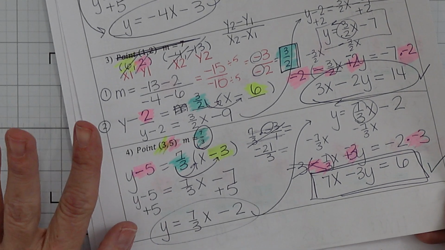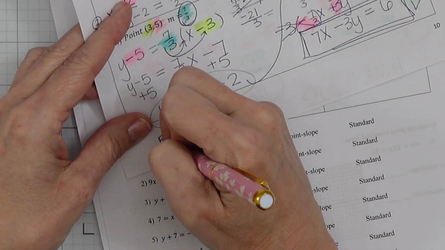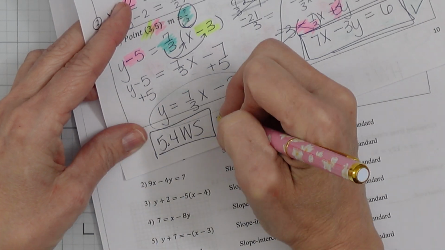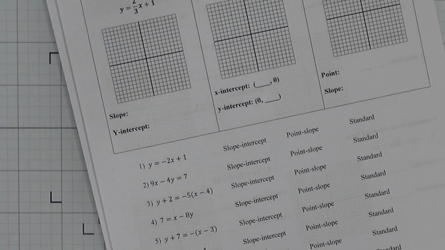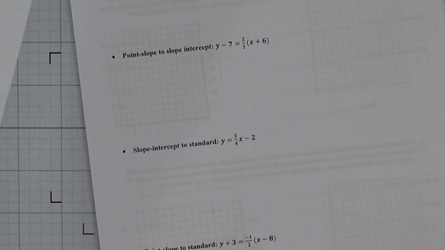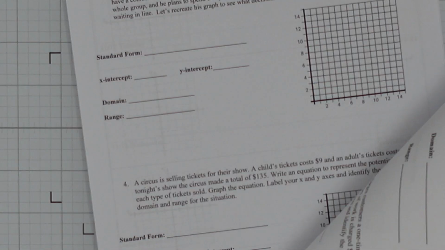Okay, so let me tell you what I'm going to be wanting you to do. First of all, I believe you have a 5.4 worksheet. That will be your homework. Okay, and then I need you to see this here, this mixed practice.